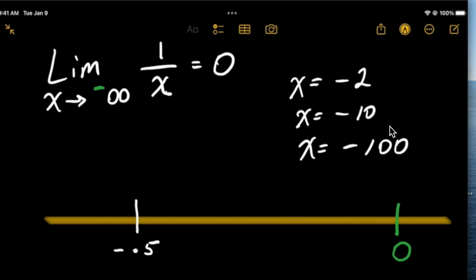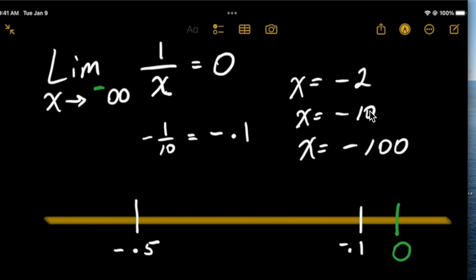If we plug in -10 here, we're going to have -1/10, otherwise known as -0.1. That means, folks, we're at 0. We only move in the negative direction 0.1 amount. Right there. That's -0.1.